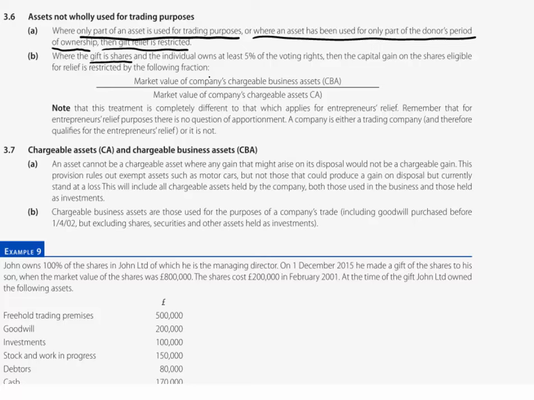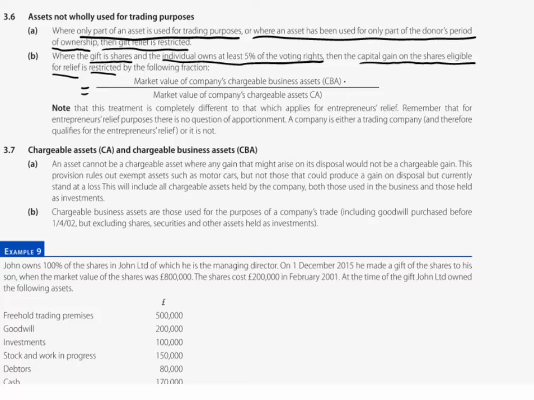So where the individual owns at least 5% of the voting rights, whether unquoted or quoted doesn't matter, the capital gain on the shares eligible for gift relief will be restricted to the following fraction.